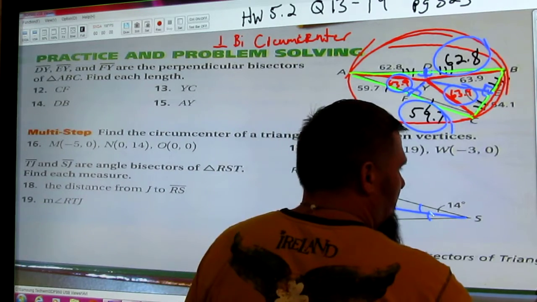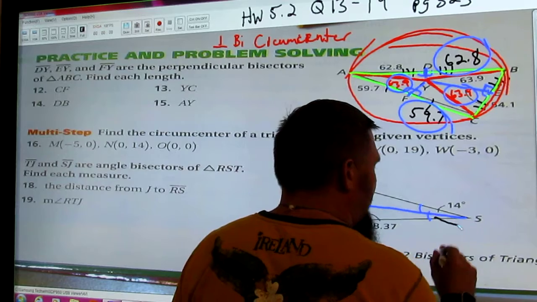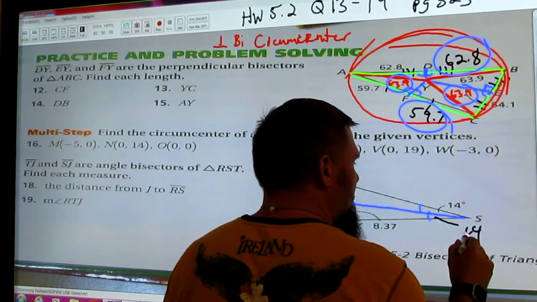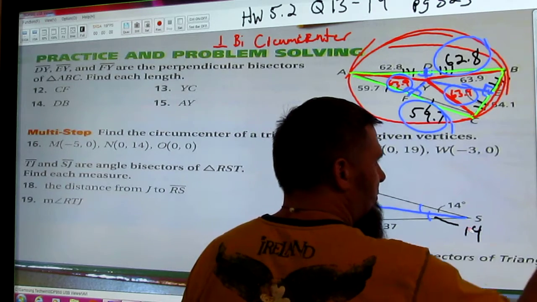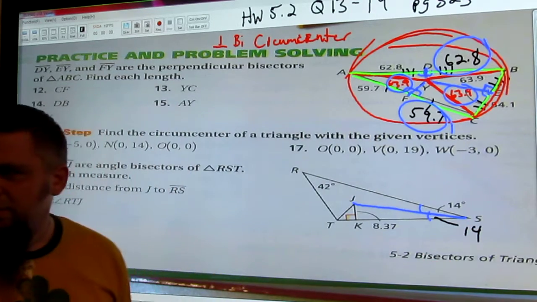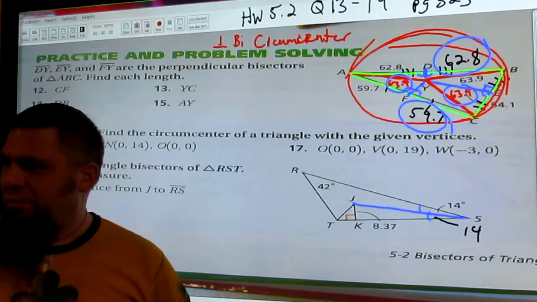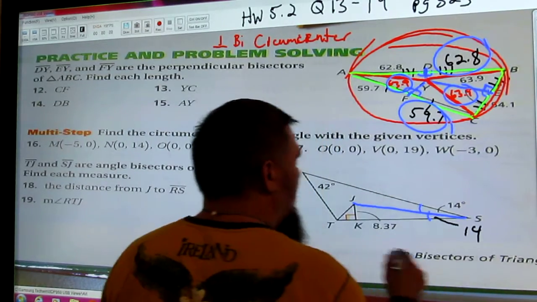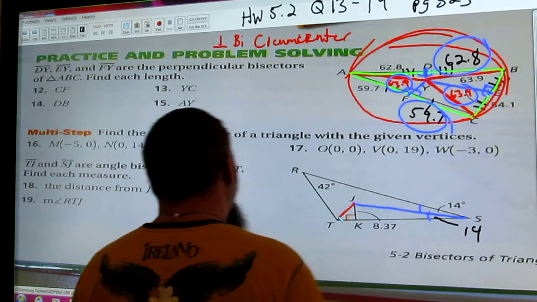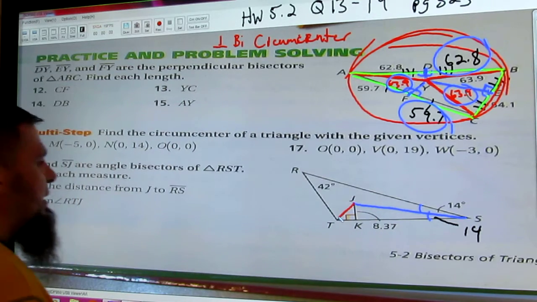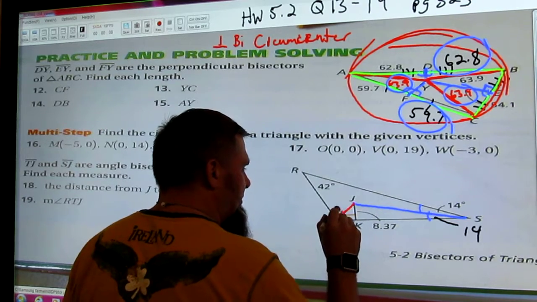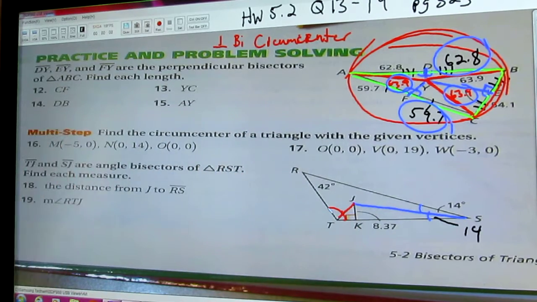So how much is this angle? 14, right? Because they're the same. What it also does is it makes this angle at TJ the same as this angle. Okay?